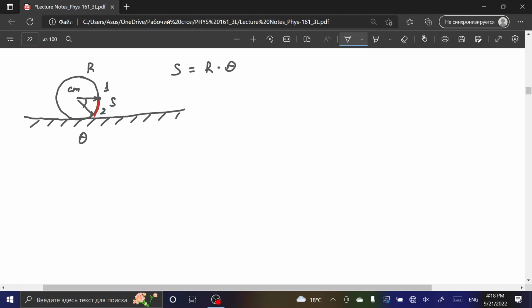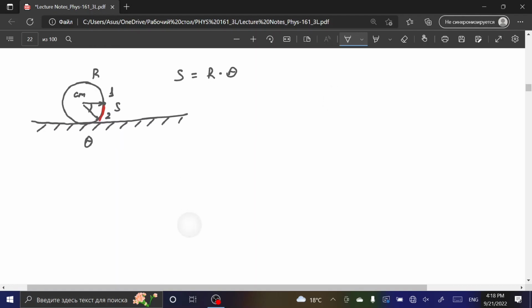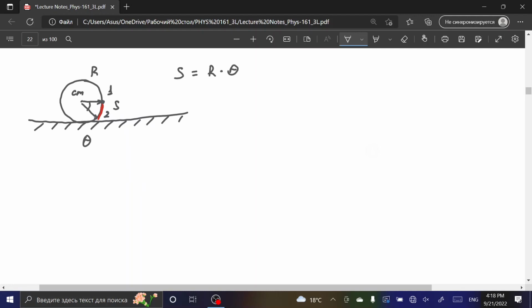So now, if we want to know the velocity of the center of mass of this rolling rigid object, that will be the first derivative of this length s over time. And that will be radius times the first derivative of theta over time. And this is radius times angular velocity.